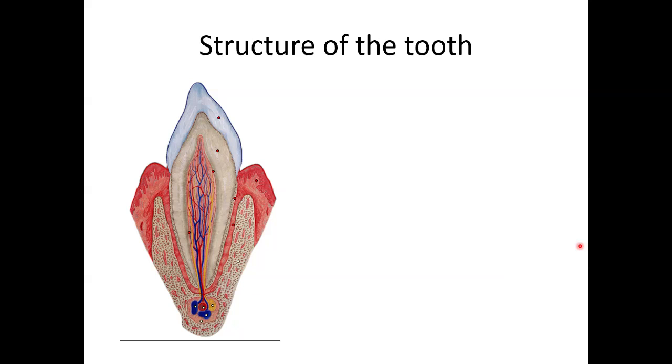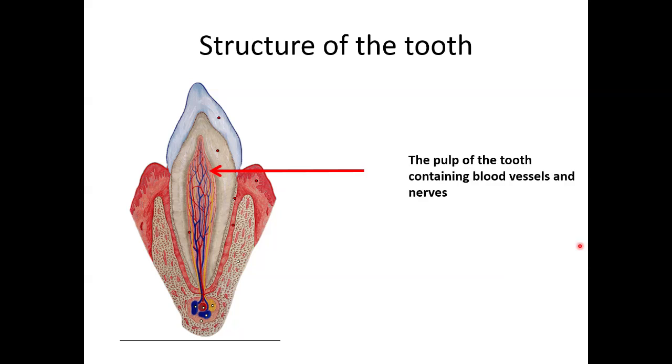Inside of the dens, the main anatomical structure consists of so-named dentine. Dentine is somewhat similar to bone, but different from it. And inside of dentine, we can find the pulp of the tooth, which contains blood vessels and nerves.